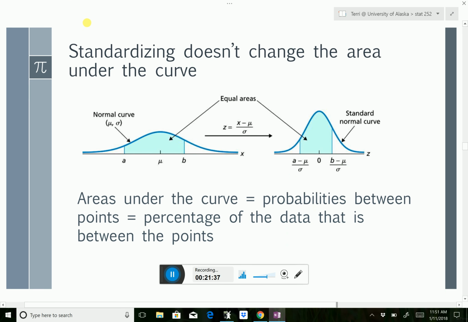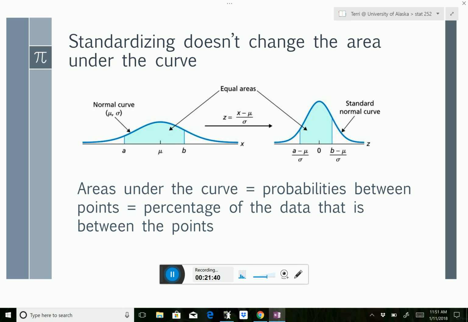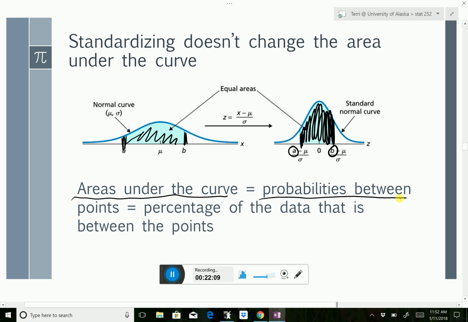So another thing I want to say, standardizing the curve doesn't change the area under the curve. So if I have 2 points, A and B, and I want to find this area, then just because I smish it in a little bit and move it doesn't change the area. I can standardize A and B, and this area is exactly the same. It does not change. So these areas under the curve, I want to say that again, are probabilities between points.